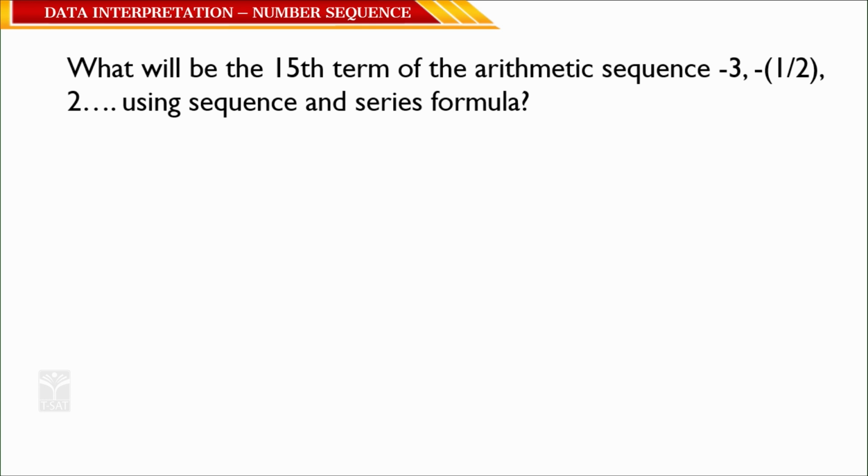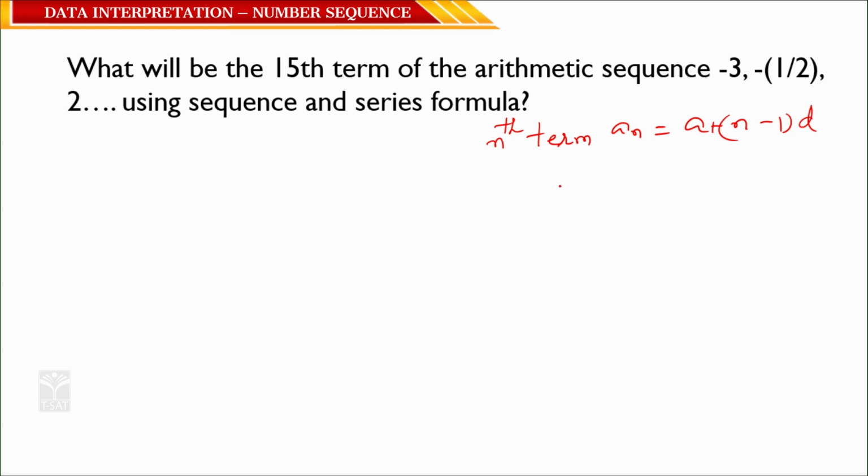So, simply, in an arithmetic sequence the nth term an is equal to a + (n - 1)d. This is the formula. Here a is the first term, n is the number of terms and d is the common difference. How are we going to find the common difference?